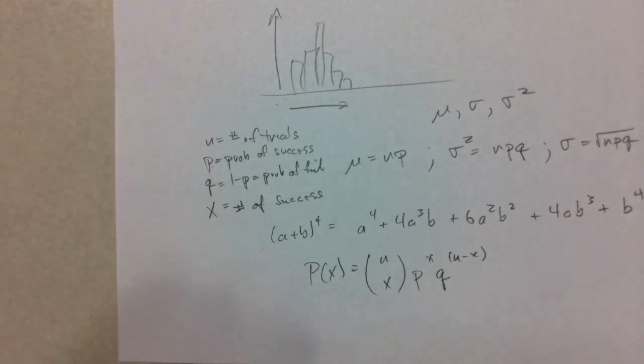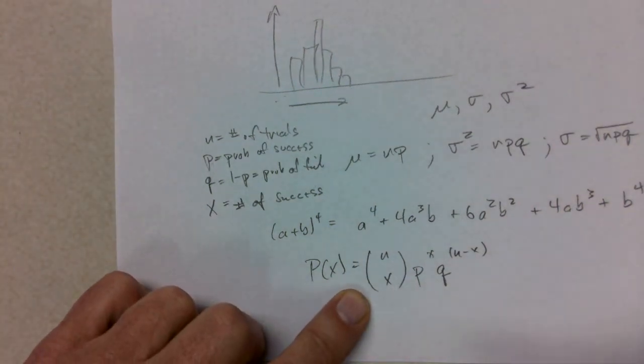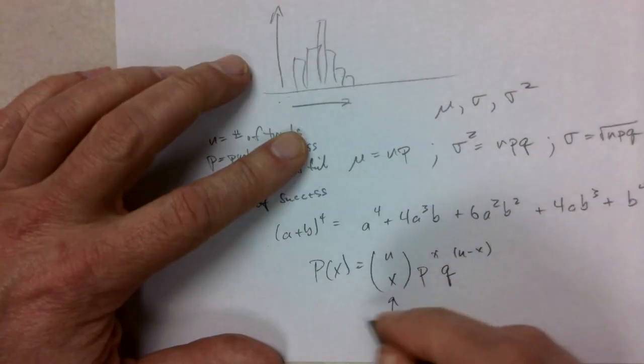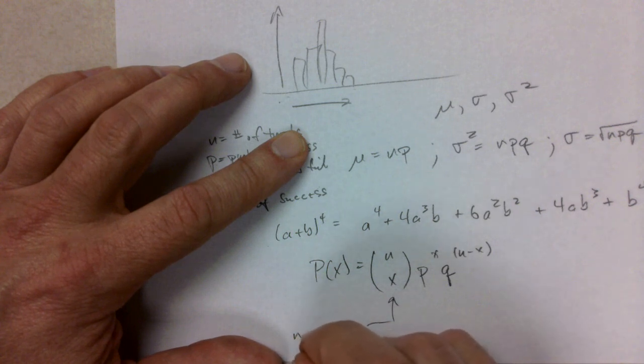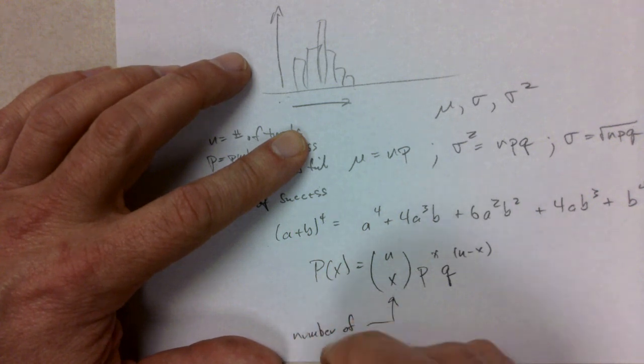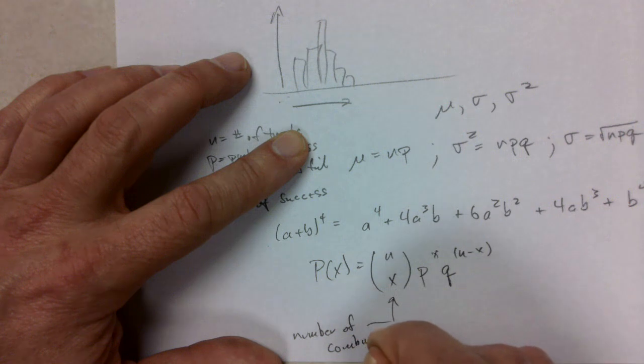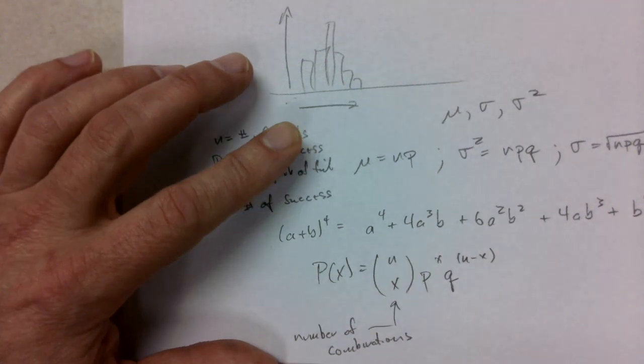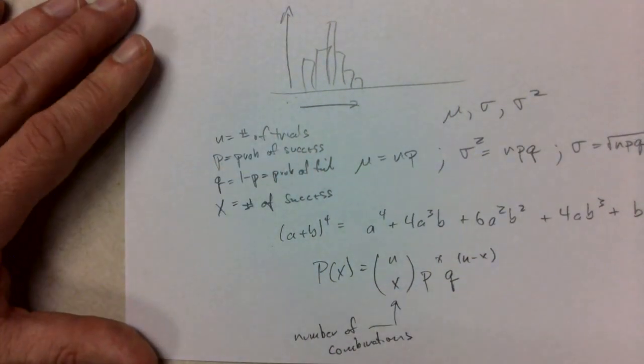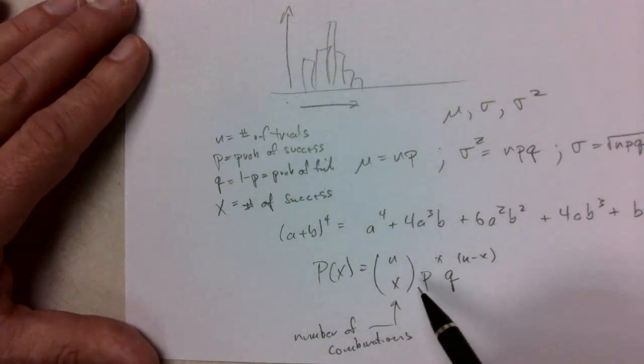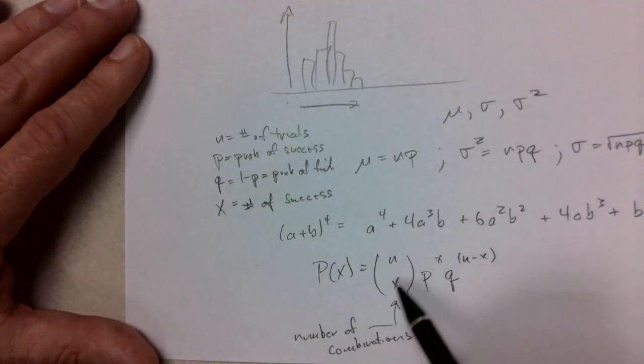And if you remember, this is the number of combinations. There's a formula for that that has factorials in it.